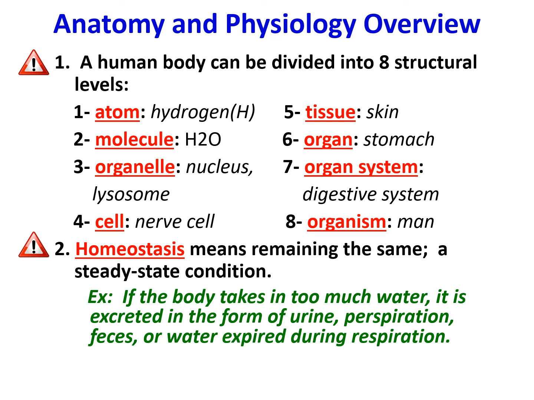And you have different types of cells, like a nerve cell. And then cells can band together to form tissues, right? Such as skin. And then those tissues build our organs, like our stomach, or our heart, or our lungs. And then we have what we refer to as organ systems.